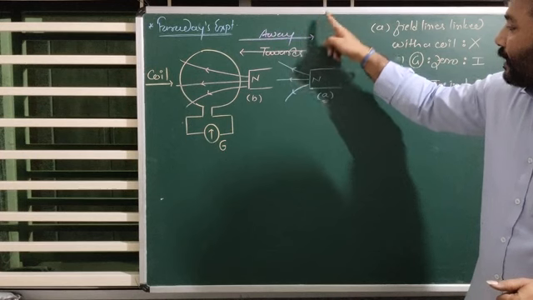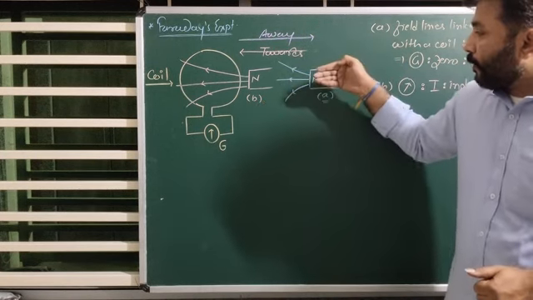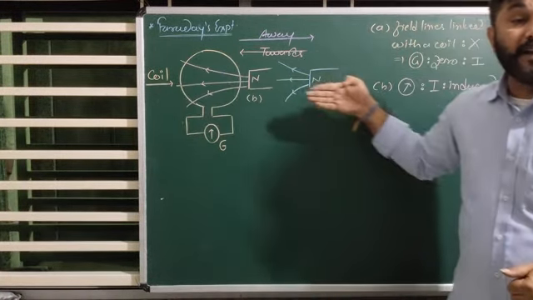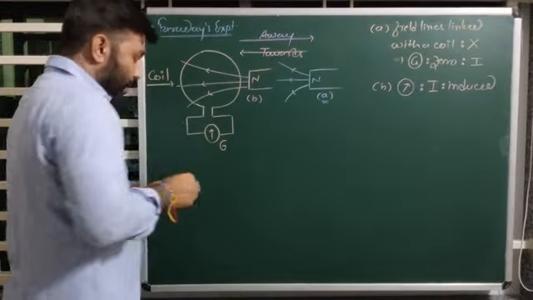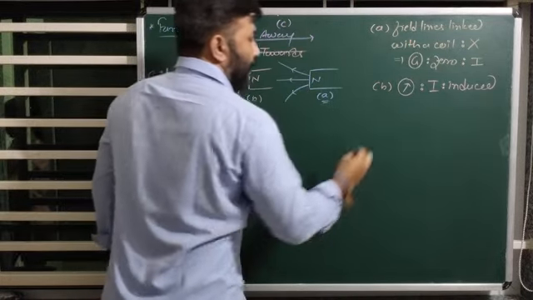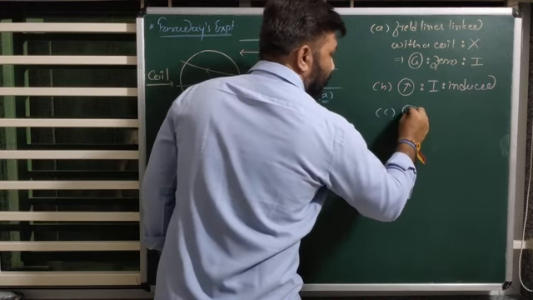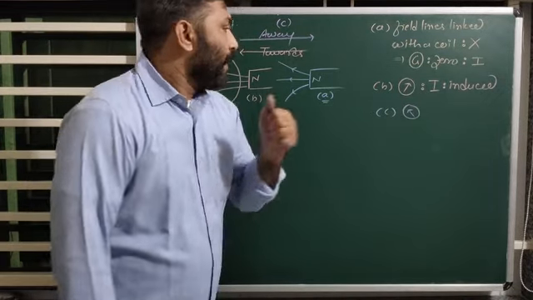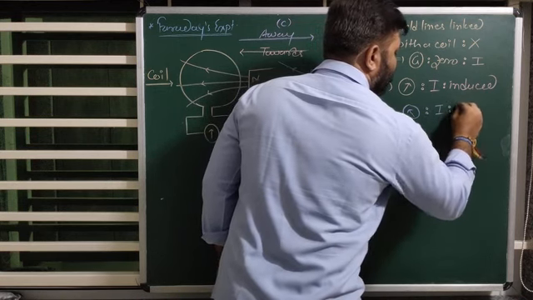So in both the cases, when there is a motion of a magnet, the magnetic field lines linked with a coil change continuously. Let us consider this is case number C. In case C also, the galvanometer shows a deflection, but that deflection is in the opposite direction. In this case also, electric current is induced.